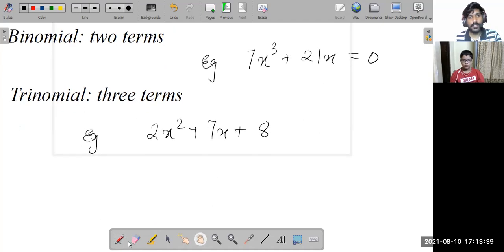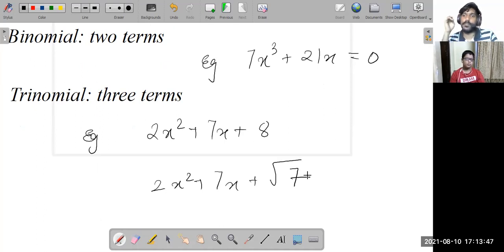Okay, now you tell me, is this a trinomial or not? Firstly, is it a polynomial? No, sir. It's not a polynomial. Why is it not a polynomial? Because it has an irrational number.